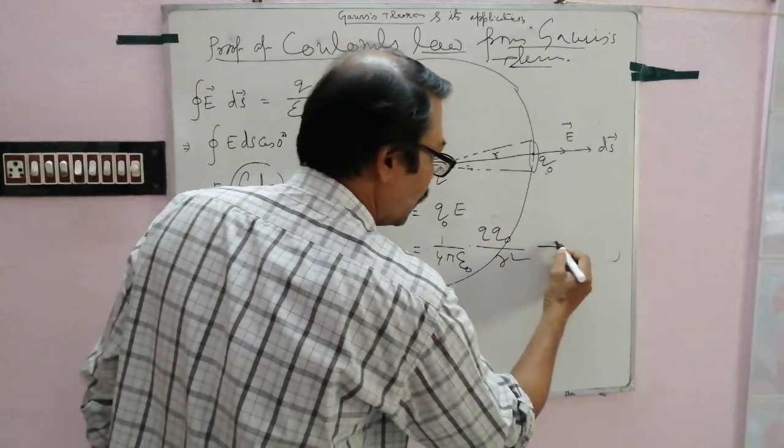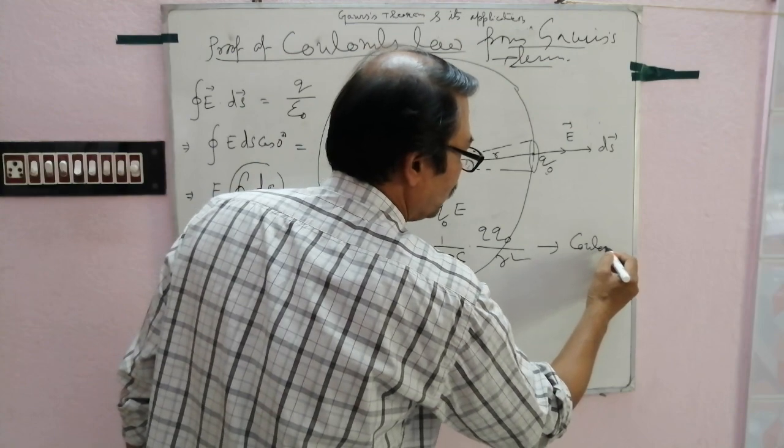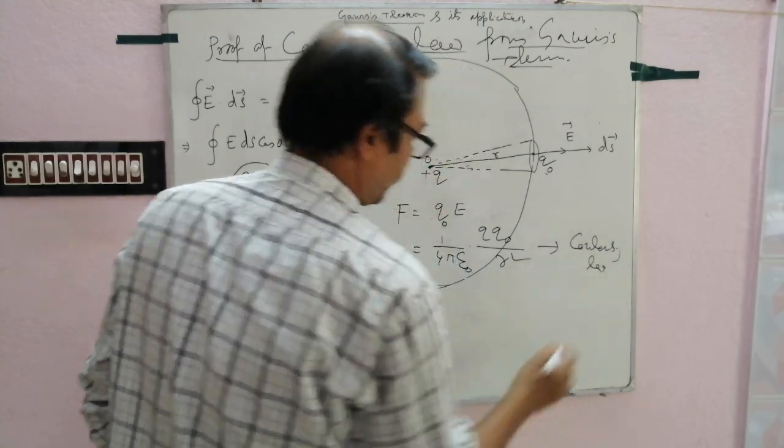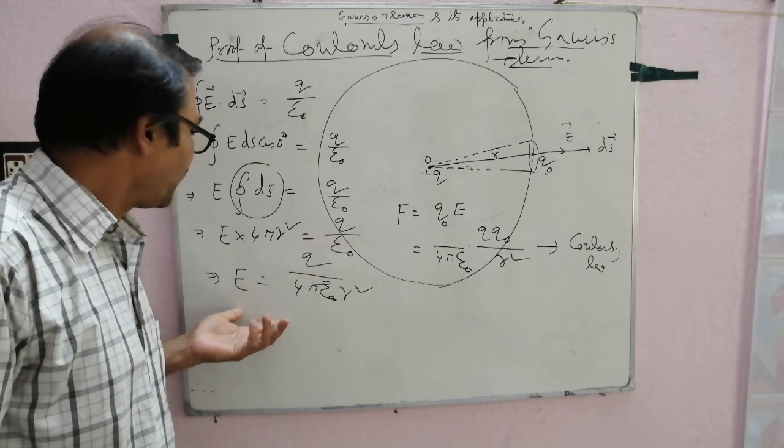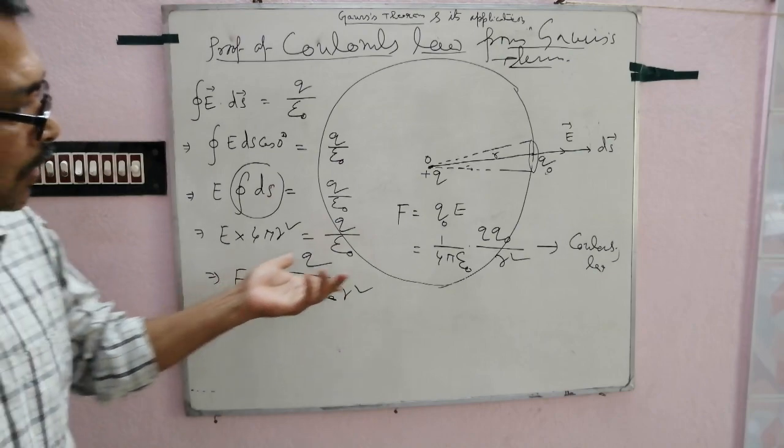This is Coulomb's law. So from Gauss's theorem, we can find the electric field, and also Coulomb's law.